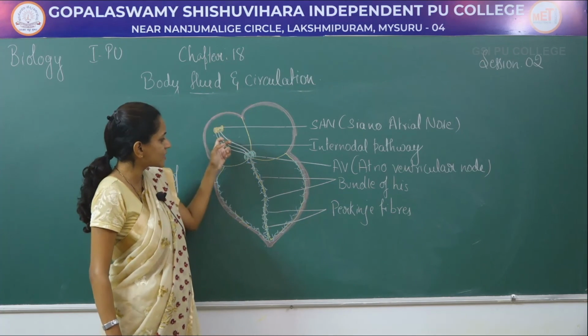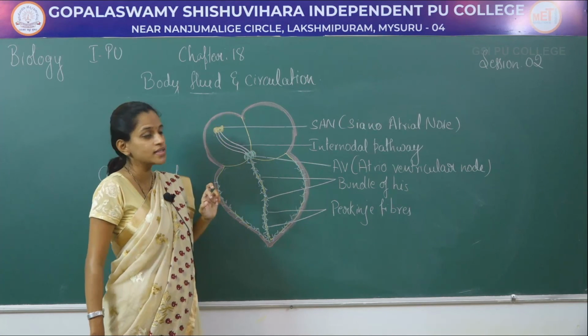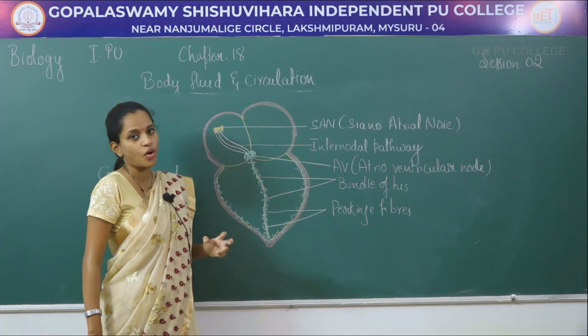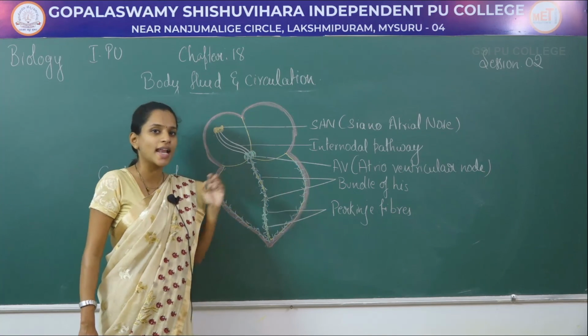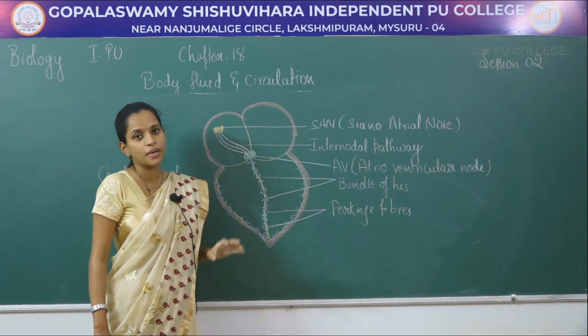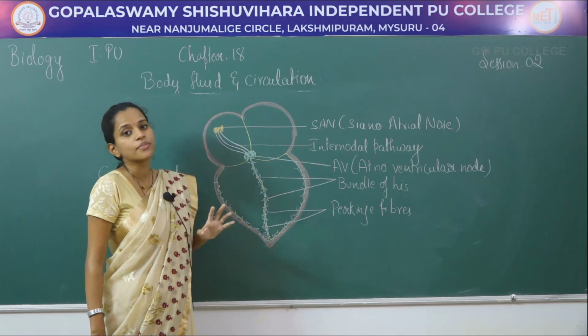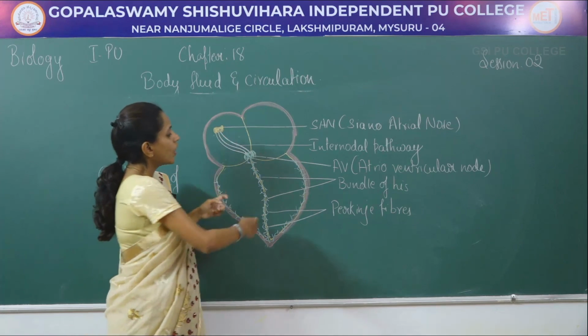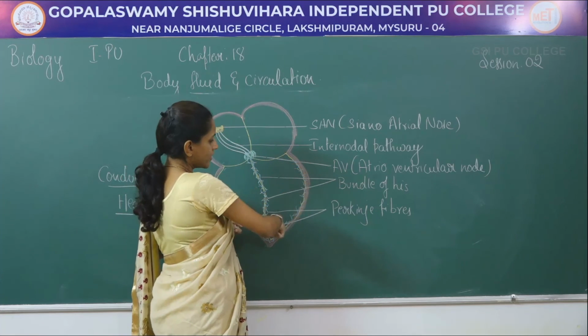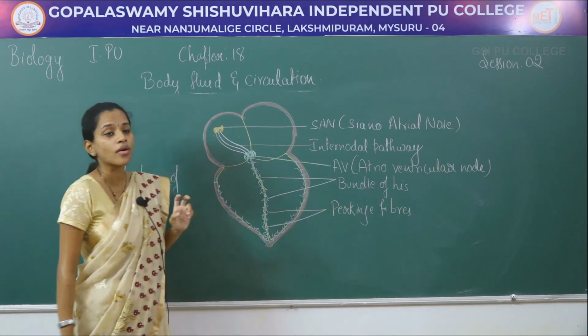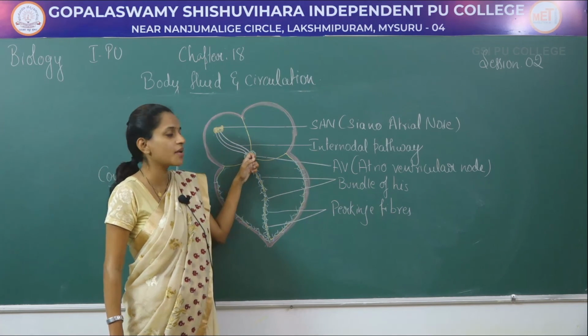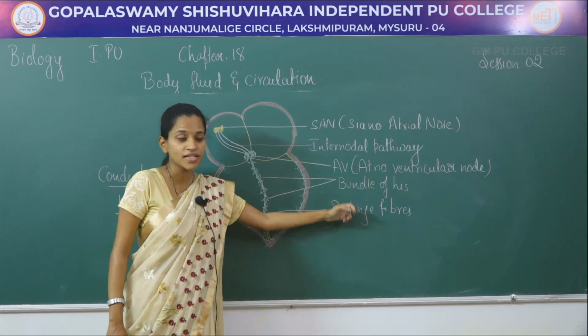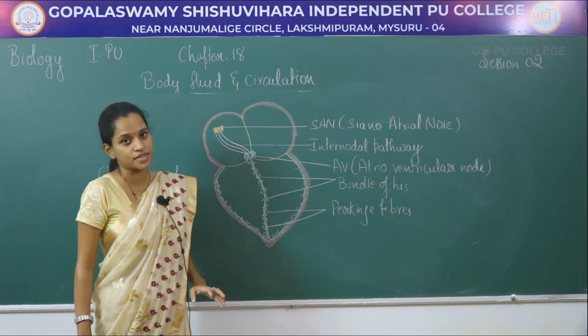Once the blood is transferred from the auricles into the ventricles, the ventricles start to contract and the auricles are in their relaxed state, collecting blood from either the lungs or the vena cavas. The ventricles contract due to the signals passed from the AV node into the bundle of His and then into the Purkinje fibers.